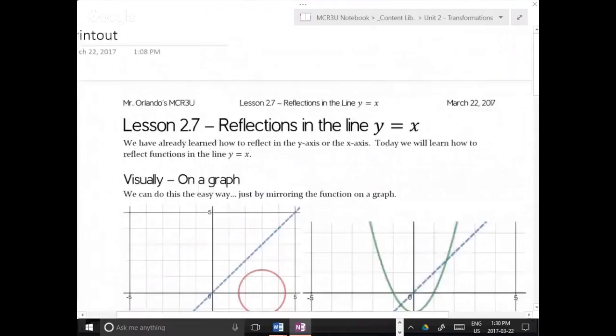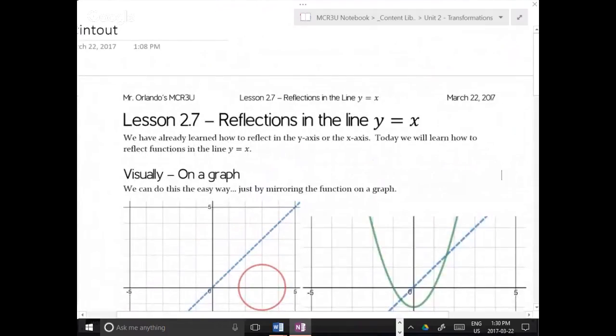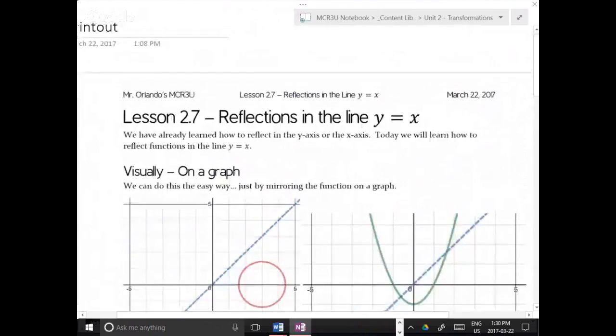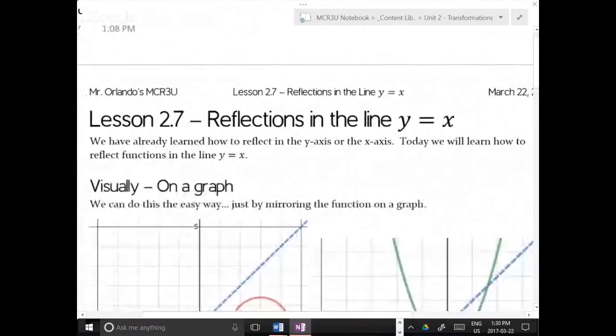Okay. So today we're going to look at one other kind of reflection that we can do that has relatively easy math to it. In fact, I would argue that in some ways this is the easiest of the ones we've done. So we are going to reflect now, not in the x-axis, which flips like this, and not in the y-axis, which flips like this.